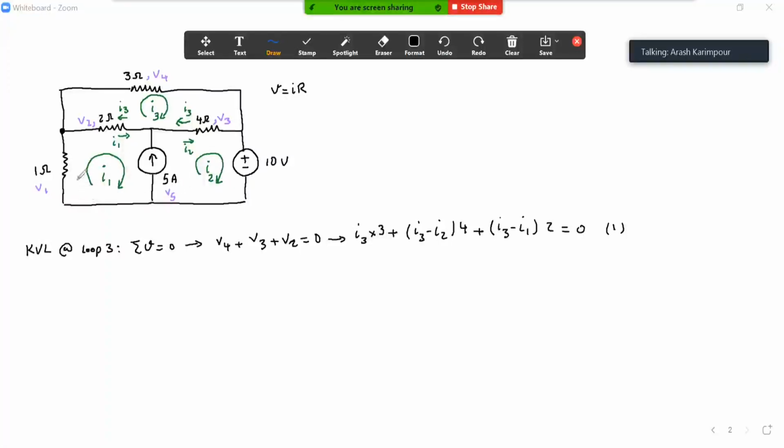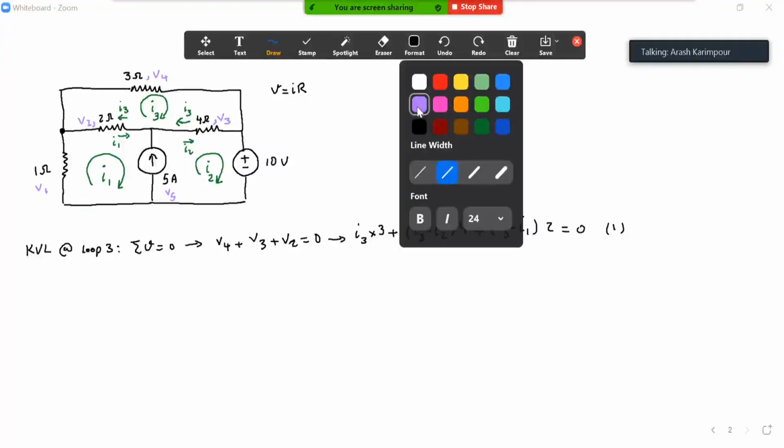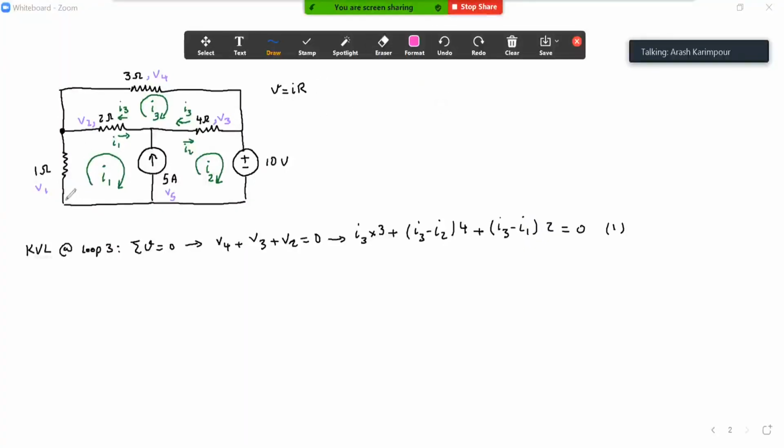This time, instead of going along this loop or along this loop, let me show you. I can go along this loop: start from here, go through here, here, and here, come back here. So I can use this as my mesh.